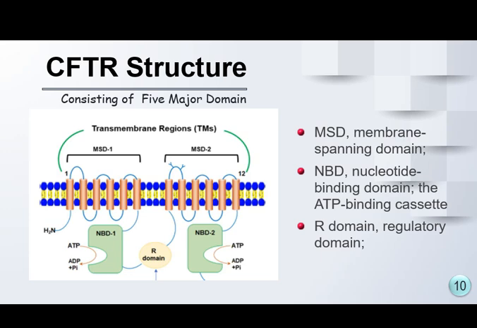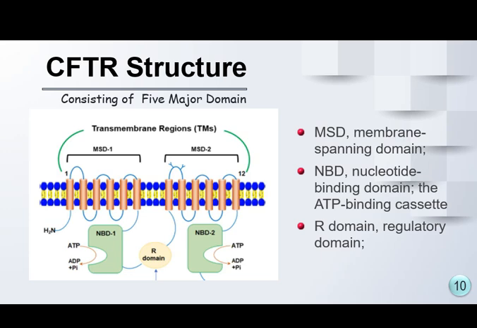These 2 domains are facing inside the lipid bilayer. I mean, they are in the cytoplasmic domain. And the NBD domain is binding to ATP. So this protein is utilizing ATP as an energy source to do its job.